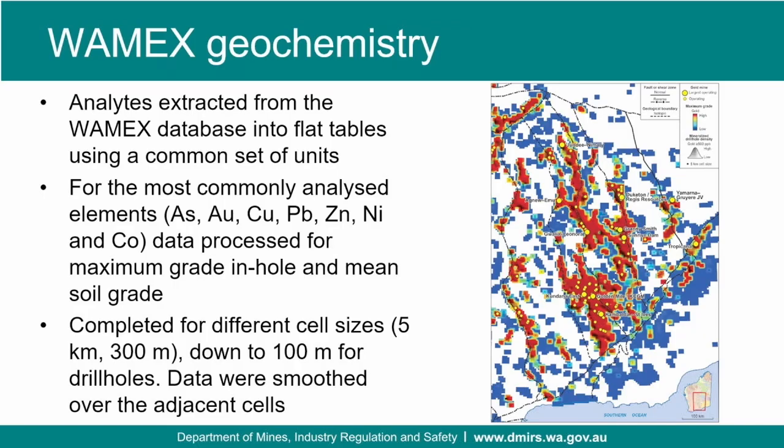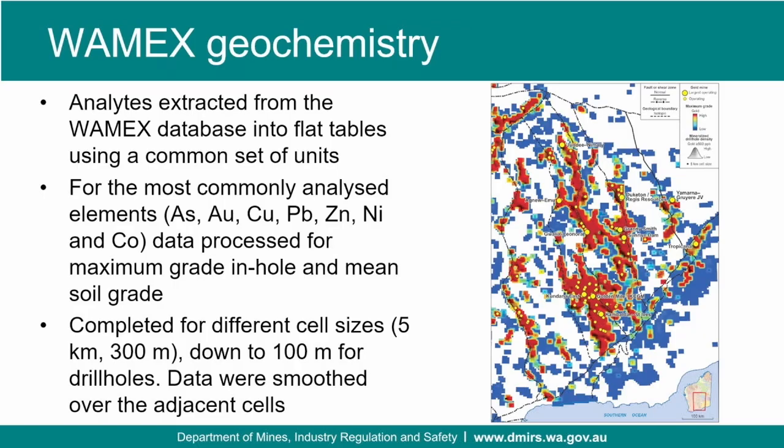So, whilst this tends to generalise and exaggerate the spatial extent of the gold mineralisation, it's also a powerful tool for visualising mineralisation trends at the relevant scale, because we did this not only at 5 kilometre cell size, which is what you can see here, but we also did it at 300 metre cell size and 100 metre cell size for the drill hole data.